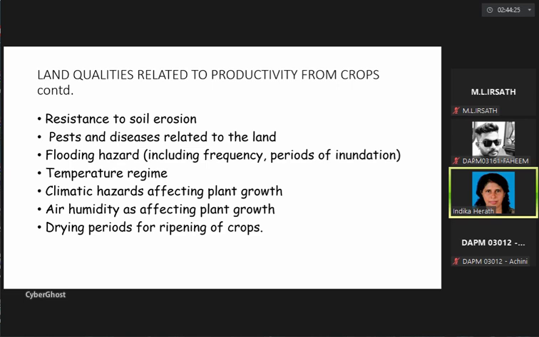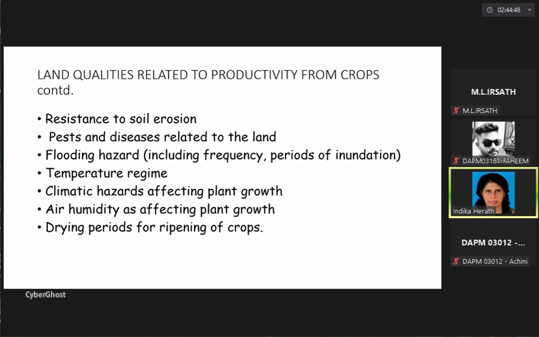So therefore, humidity is something that you need to consider, especially in dry periods. So how difficult it is for plants to survive under high temperatures depends on the humidity, right?